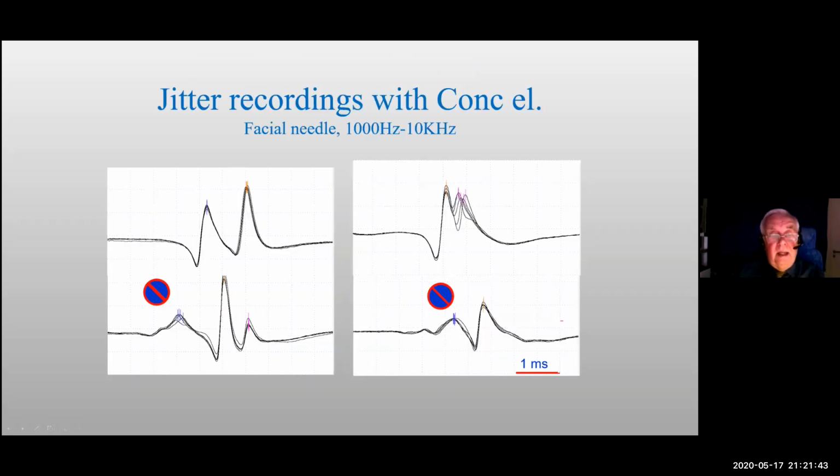And now I will show a few typical examples of jitter recording so that you get the idea. Here is actually a nice, just single fiber recording, and here is the jittering part. And we trigger here, and you see that these are absolutely the same for each discharge.